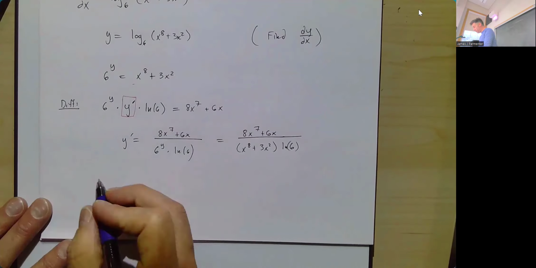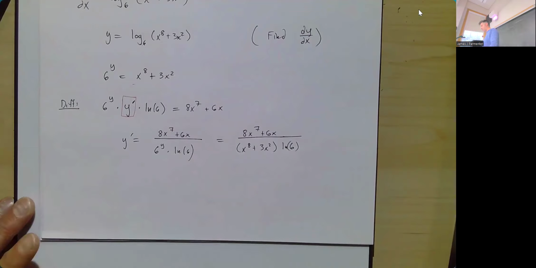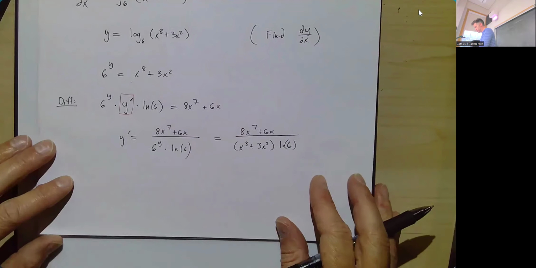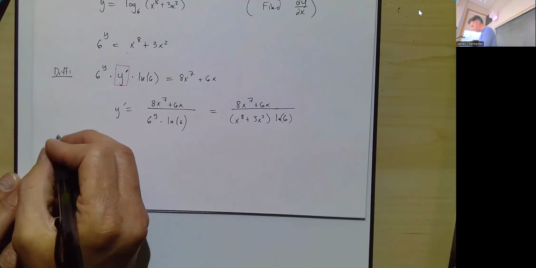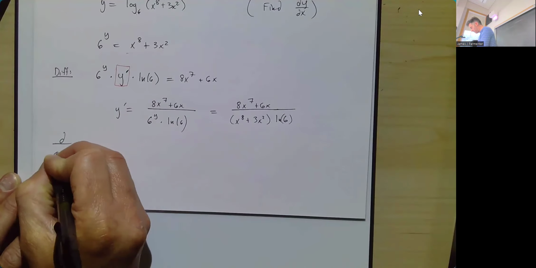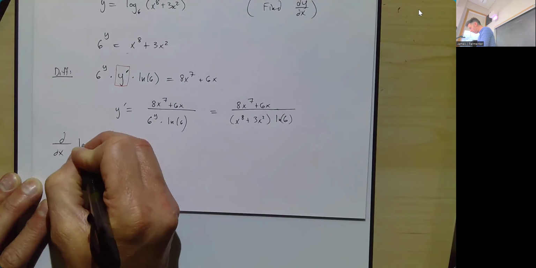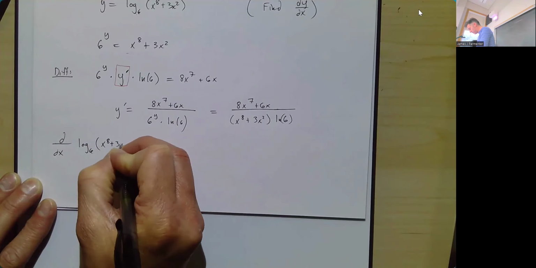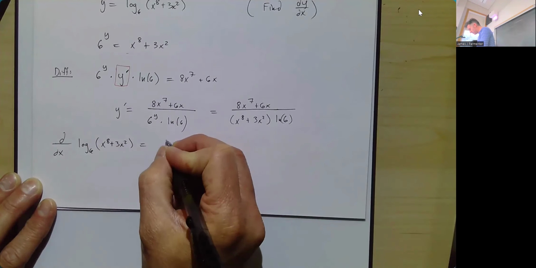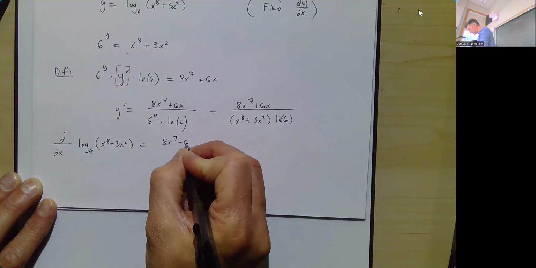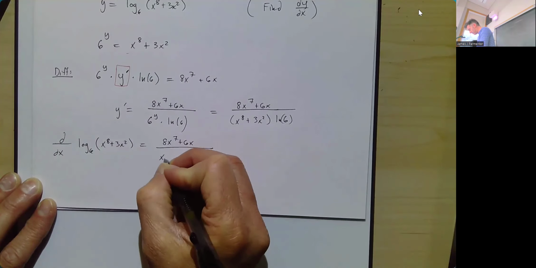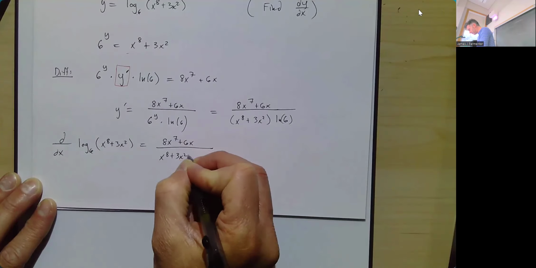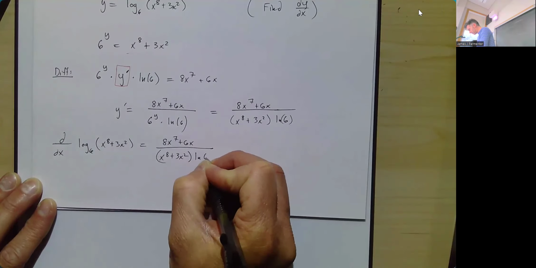Let me write one more thing before we compare. We can then see that the derivative of log base 6 of x to the 8th plus 3x squared is 8x to the 7th plus 6x divided by x to the 8th plus 3x squared times the natural log of 6.